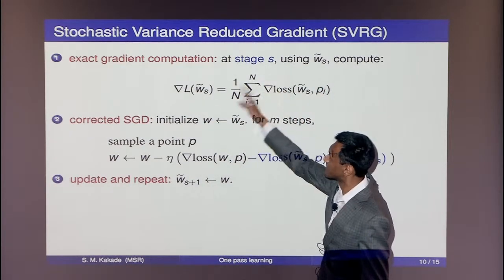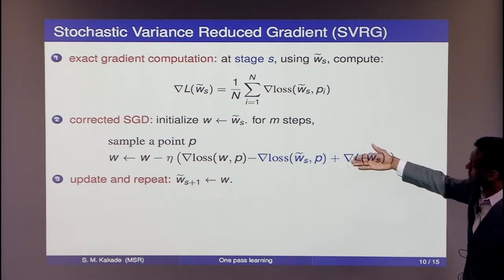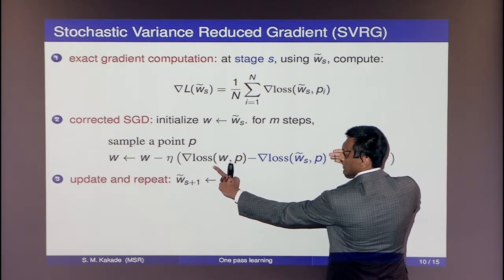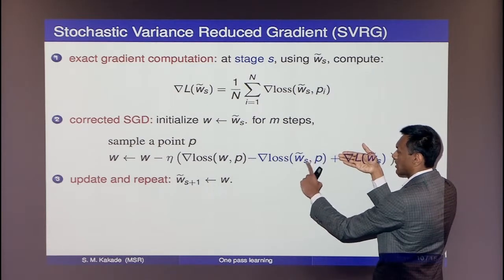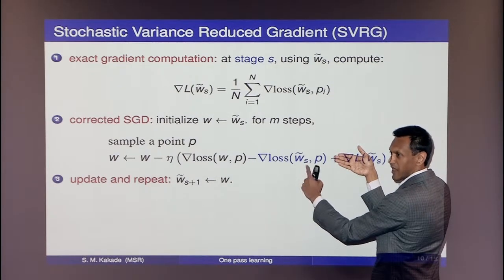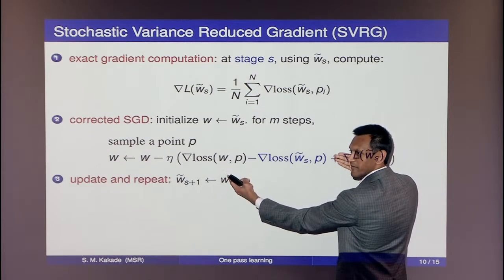So let's ignore the first term right now, and this thing is 0. What this algorithm is doing is subtracting out the gradient of the point you're at with respect to the gradient of some reference point. And if this reference point is optimal, and you start at the optimal point, you don't move.